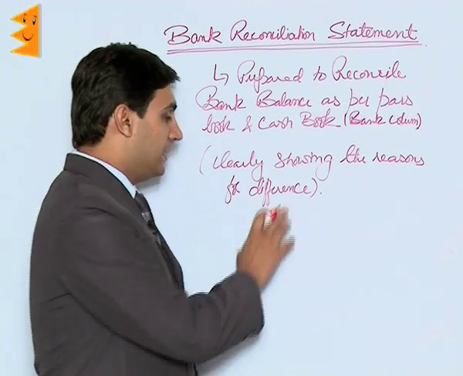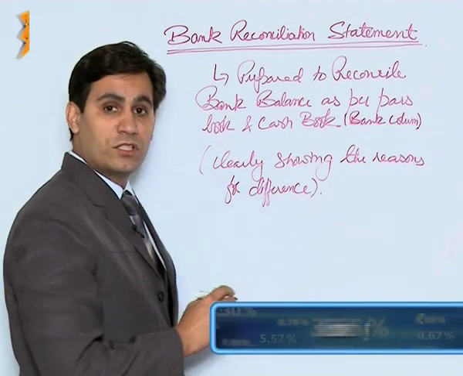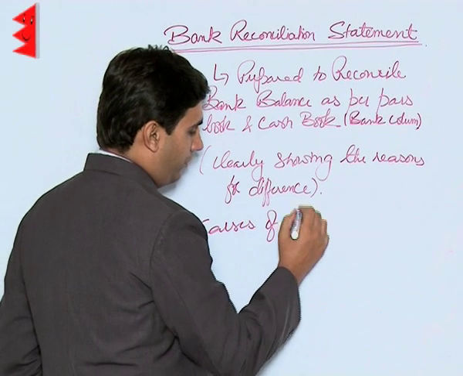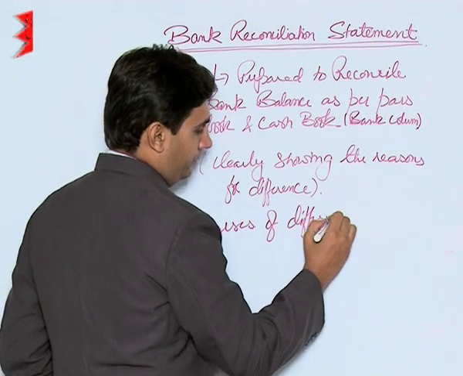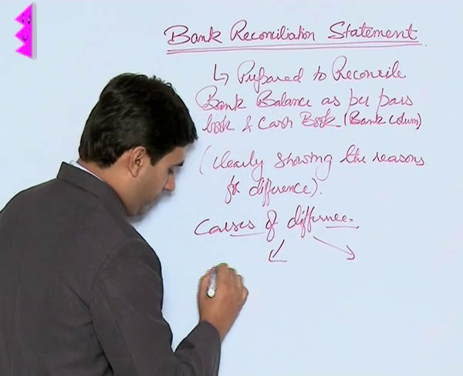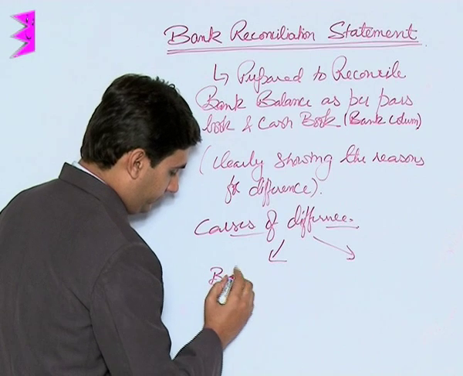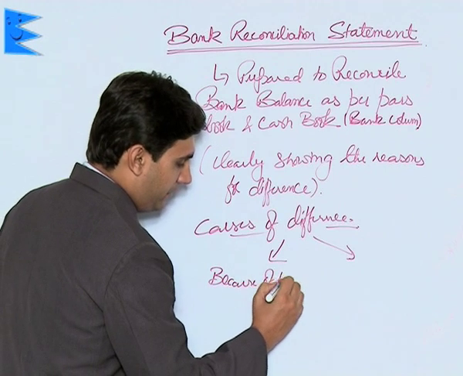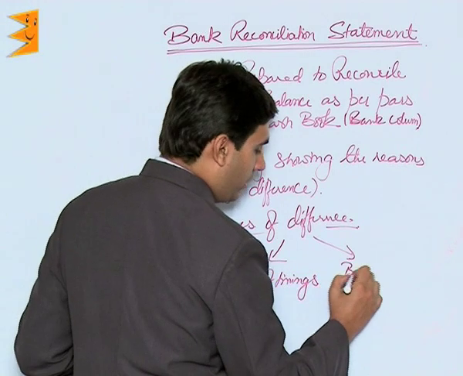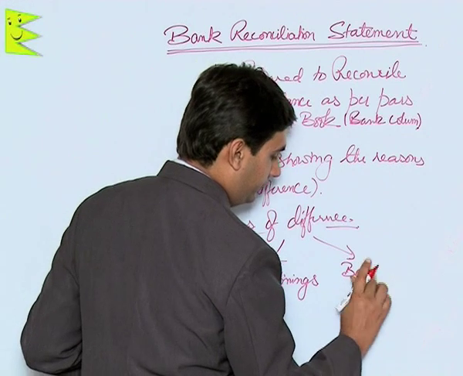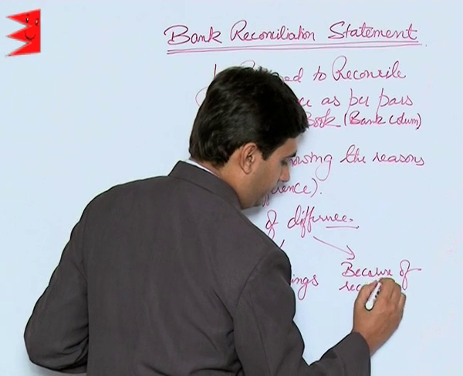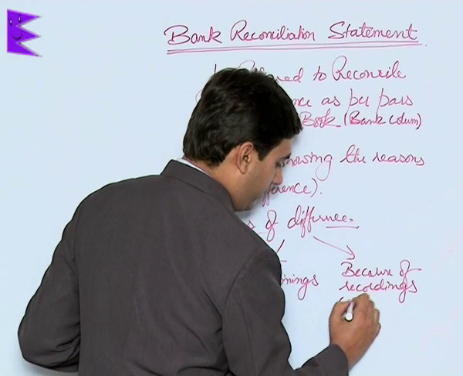So now students, these differences, that is the causes of these differences, can be categorized in two different forms. That is, because of timings and because of recordings, that is errors.